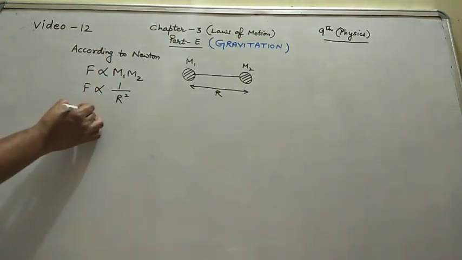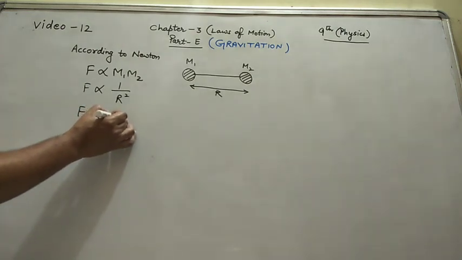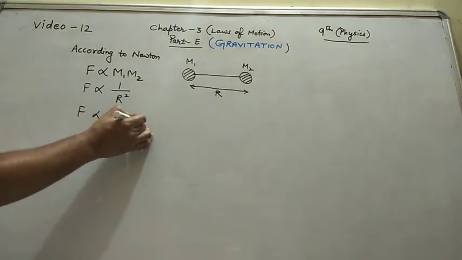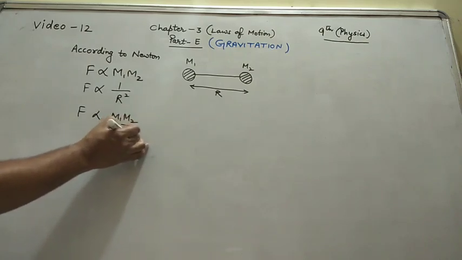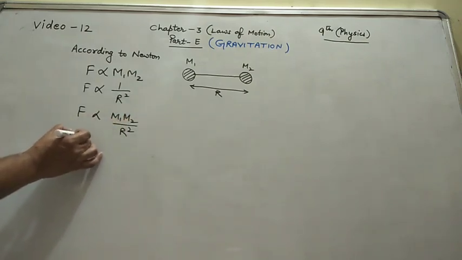When I combine these two, I get this equation: m1 m2 upon r square.